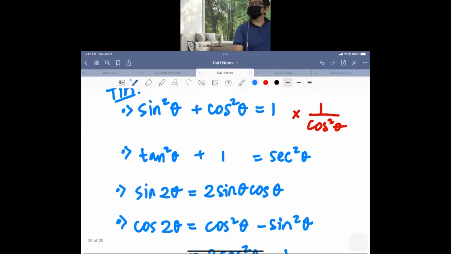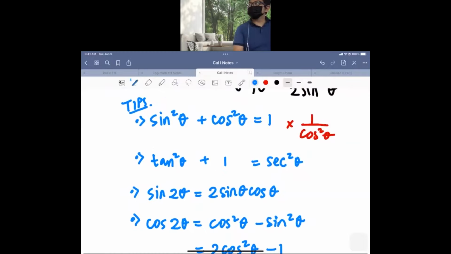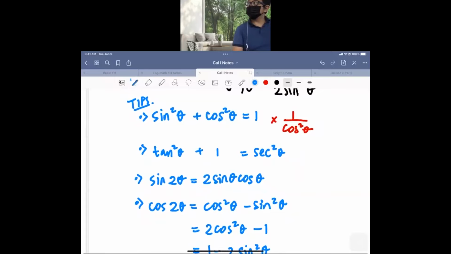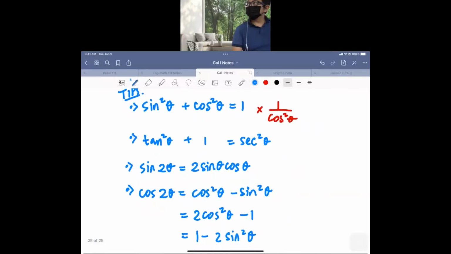But how to derive these formulations, perhaps that will be in basic math. For calculus, we don't really have time to go through all of that.